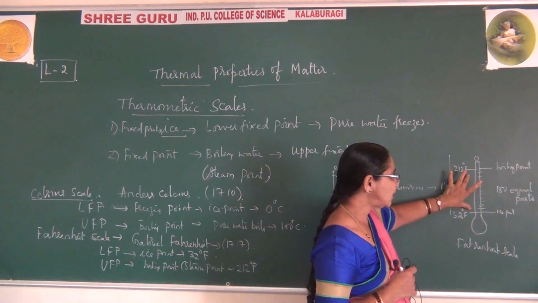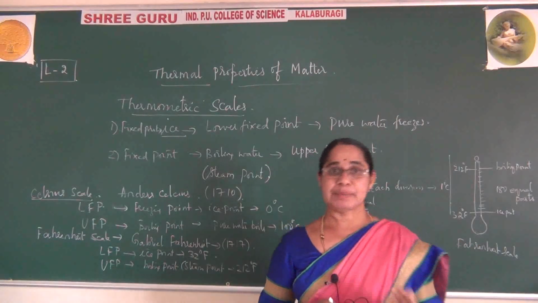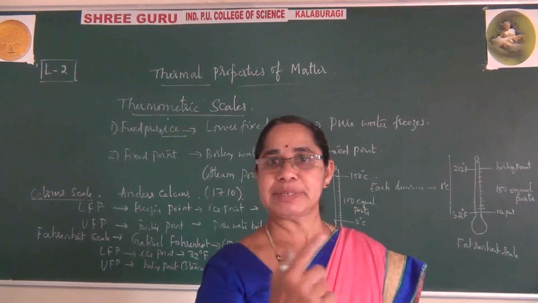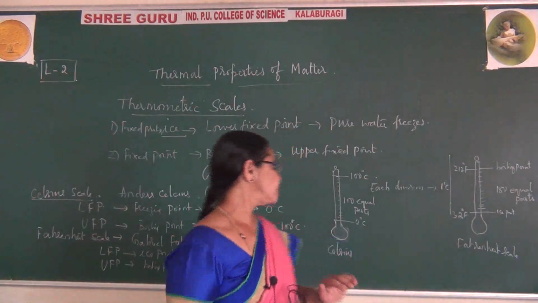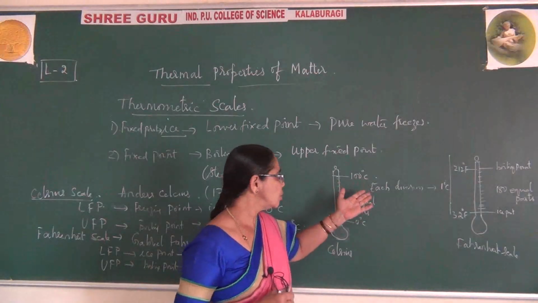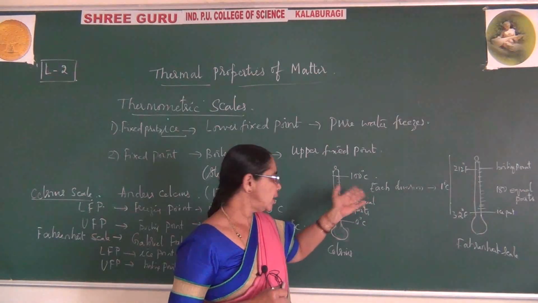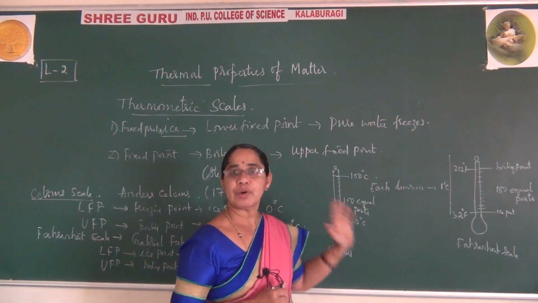In between it was divided into 180 equal parts. By observing this, you may feel that both the scales show the ice point, the boiling point, the upper fixed point, the lower fixed point, and how it was divided.